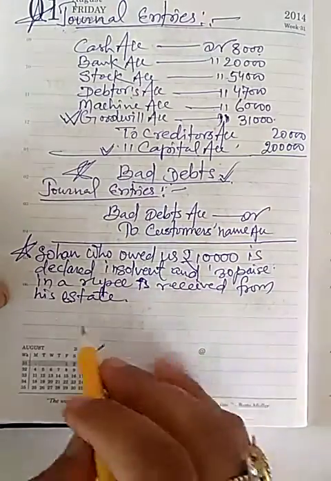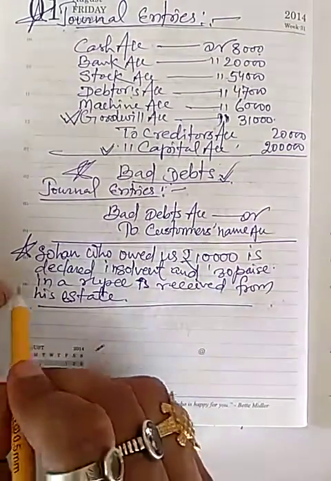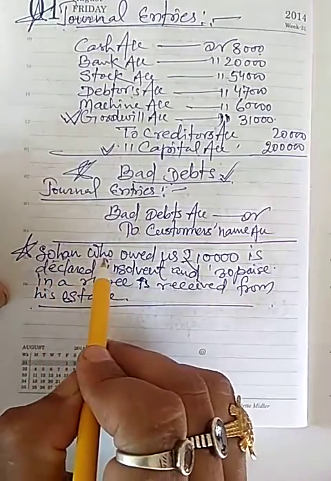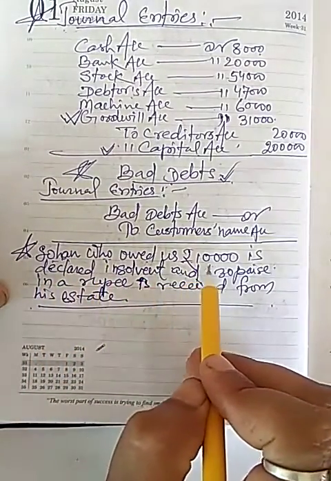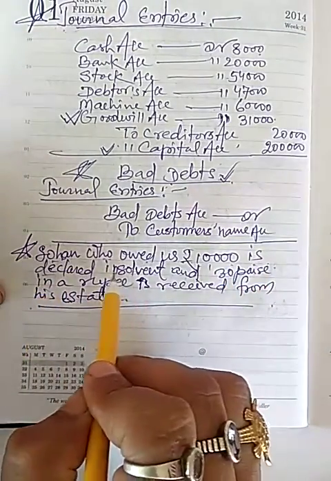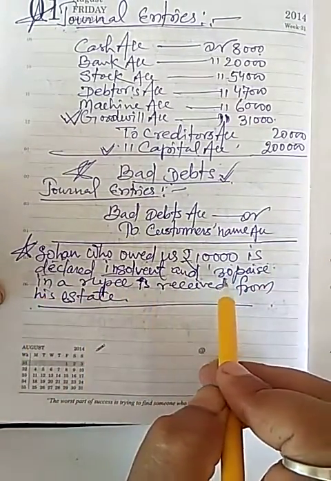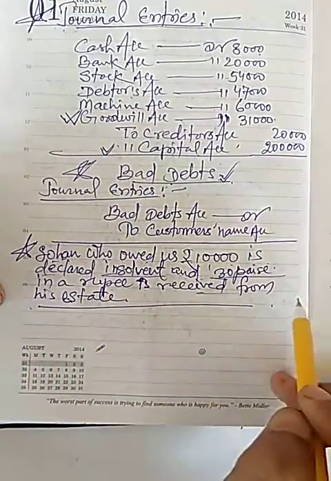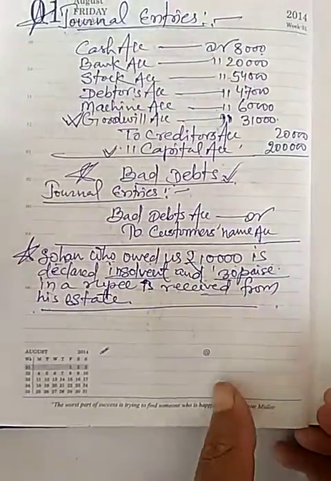Then the journal entry will be, I repeat once again the question: Sohan, who owed us rupees 10,000, is declared insolvent, and 30 paise in a rupee is received from his estate.